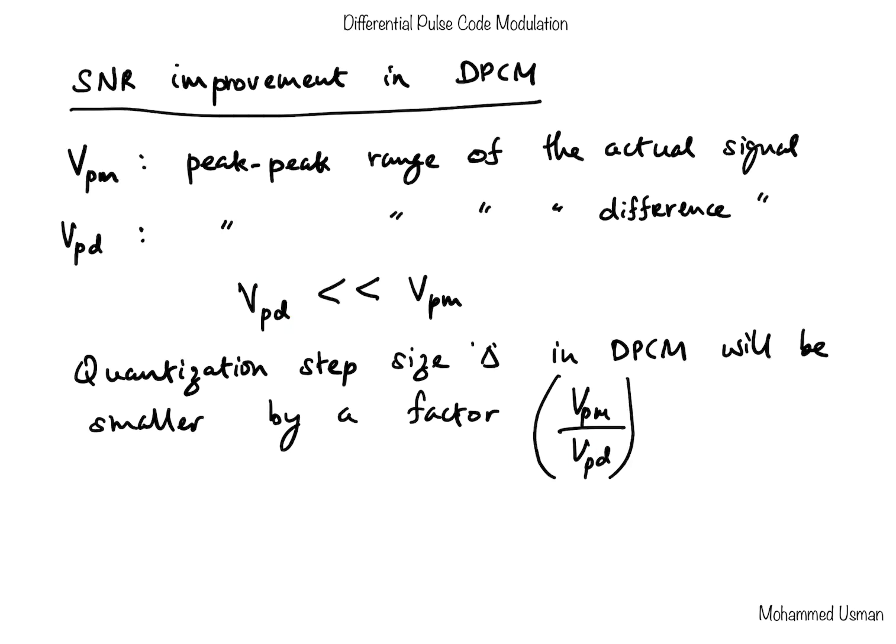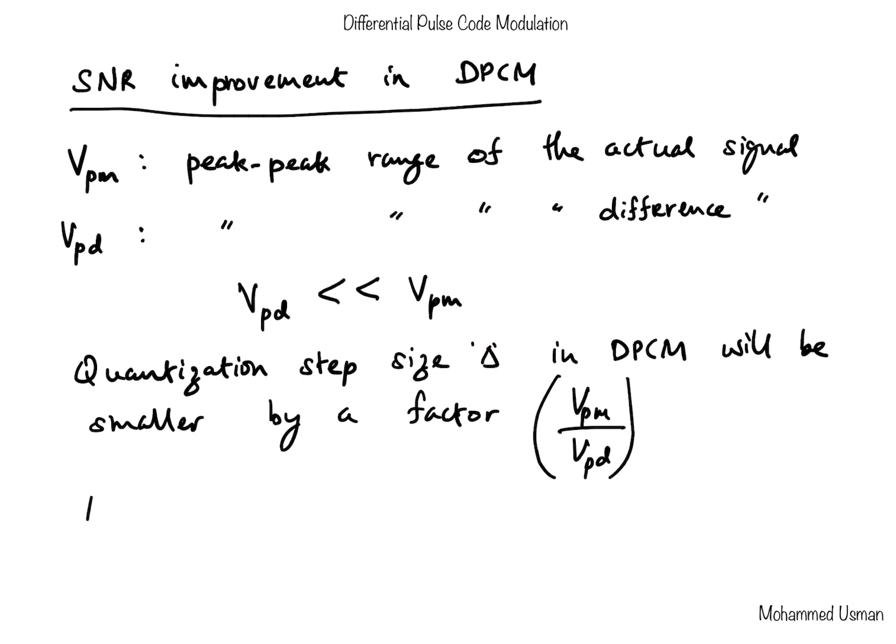So if VPD is half the size of VPM, then for a given number of quantization levels, the step size delta would be smaller in DPCM by that same factor of 2. So that factor is given by this ratio VPM by VPD, which is the ratio by which VPD is smaller as compared to VPM.